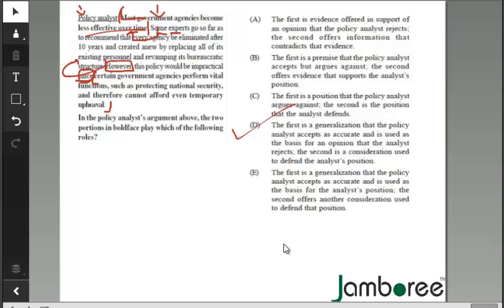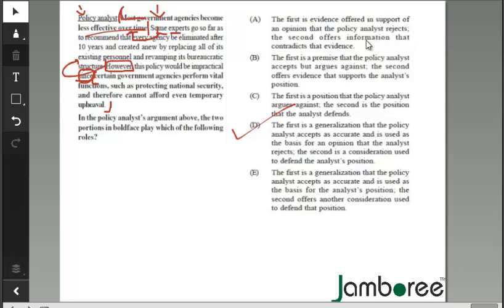The reason why students get scared of Boldface is that the answer options are extremely intimidating. They have so many technical words, like the first is evidence offered in support of an opinion that the policy analyst rejects. It's way too technical.